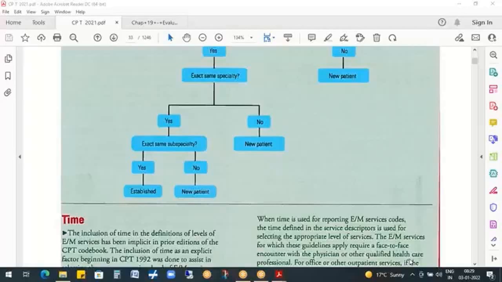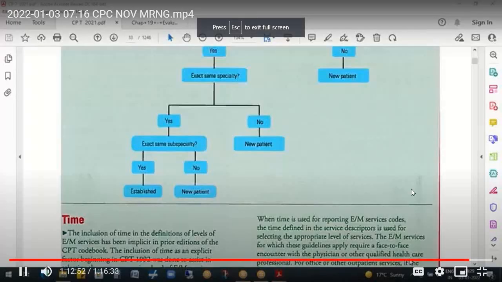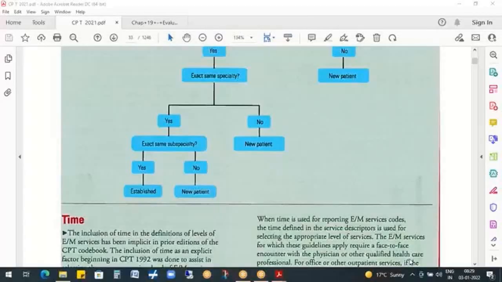Next point. Key terms for new patient. Just write down: going for second opinion, comma, new.